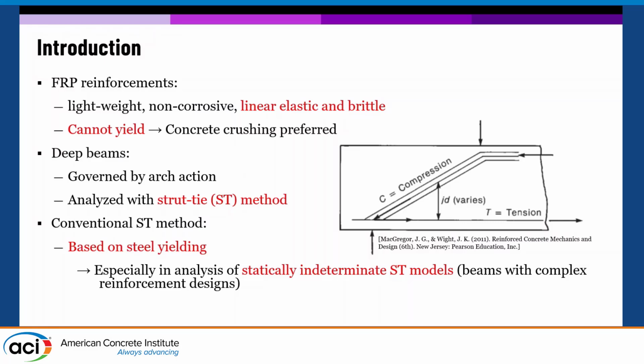Now, traditional strut-and-tie modeling was developed for steel-reinforced concrete and relied on steel elements yielding at failure, and that made everything relatively simple. Modeling of concrete is important, because we still model these structures with a strut-and-tie, but not so important, because the failure is governed by yielding of steel. In this case, failure must be governed by crushing of concrete.